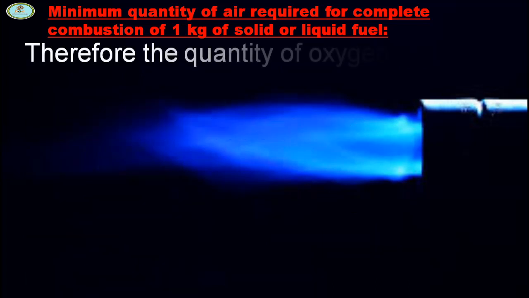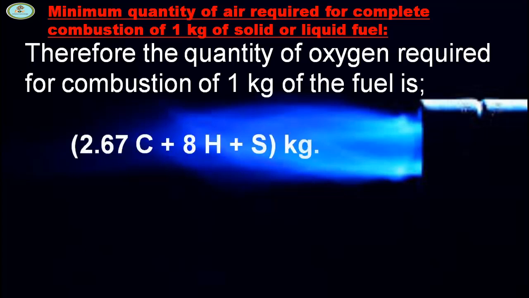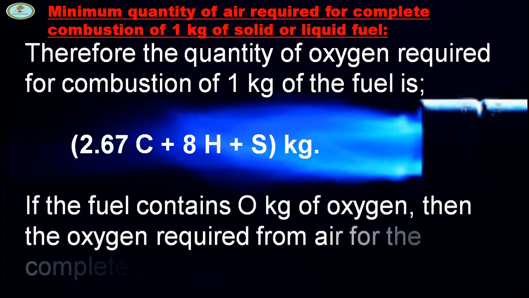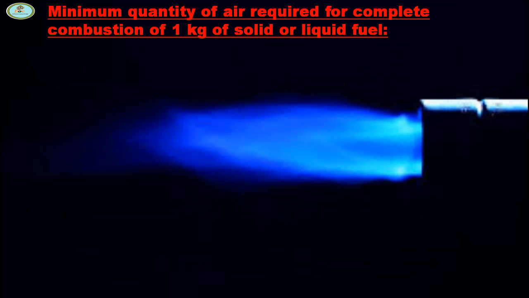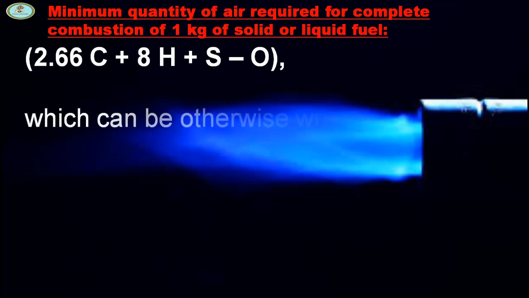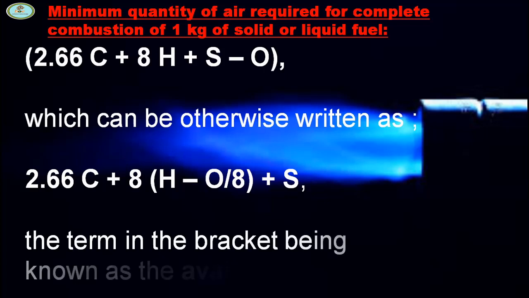Therefore, the quantity of oxygen required for combustion of 1 kg of fuel is 2.67 C plus 8H plus S. If the fuel contains O kg of oxygen, then the oxygen required from air for the complete combustion of the fuel will be 2.67 C plus 8H plus S minus O, which can otherwise be written as 2.67 C plus 8 into (H minus O by 8) plus S. The term in the bracket is known as the available hydrogen.